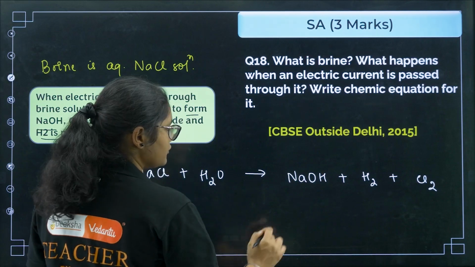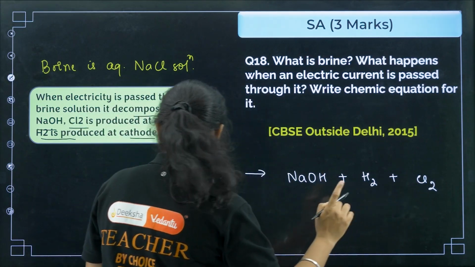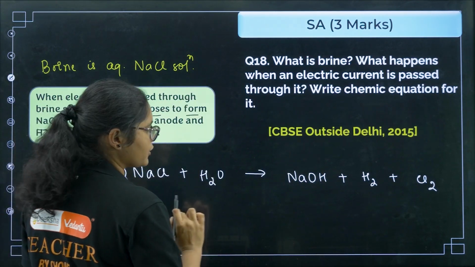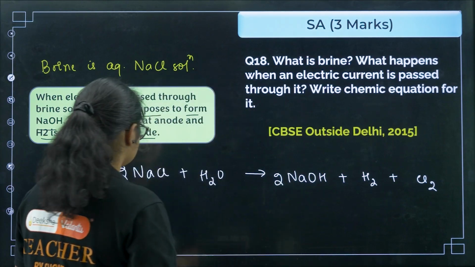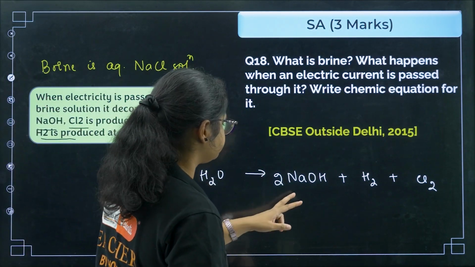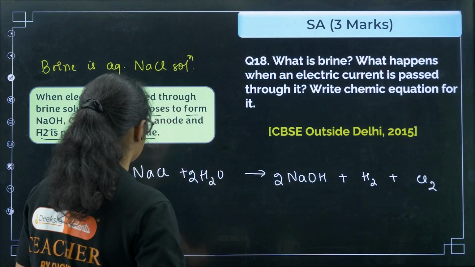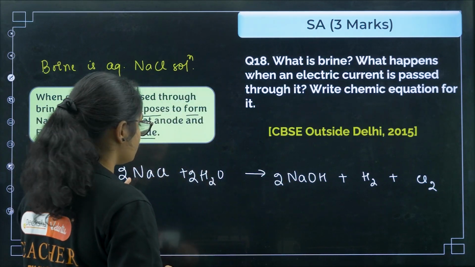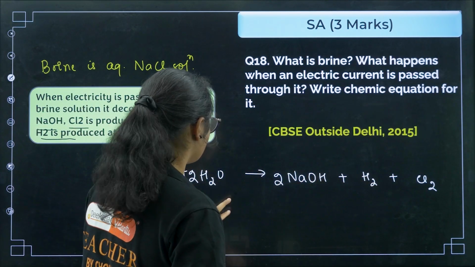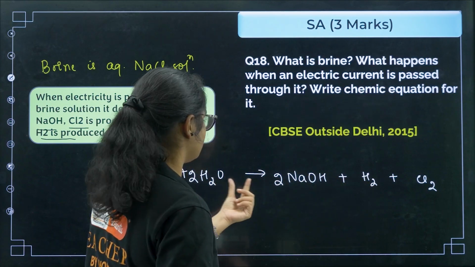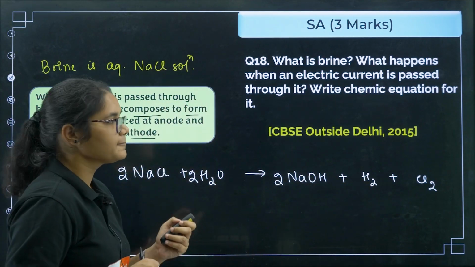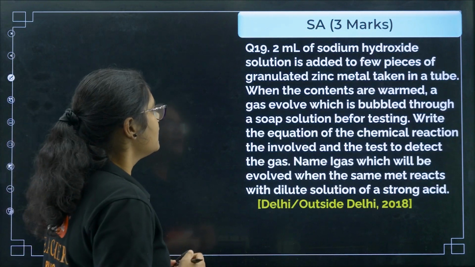Now balancing: we have 2 oxygen, so I will make this one also 2. So 2 Na, 2 Na, 2 Cl, 2 Cl, 4 hydrogen, 4 hydrogen, 2 oxygen, 2 oxygen.